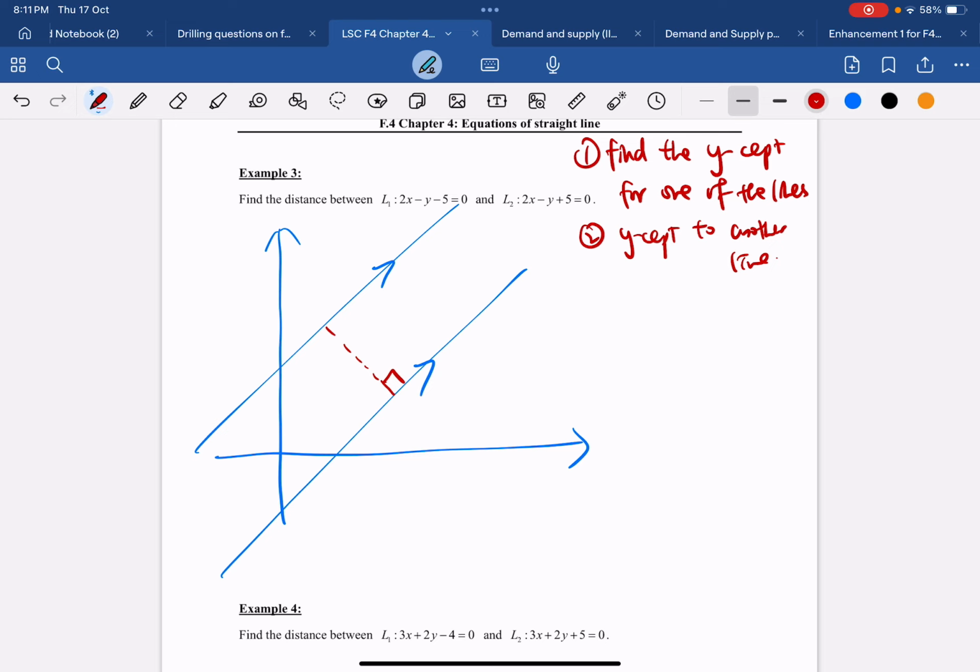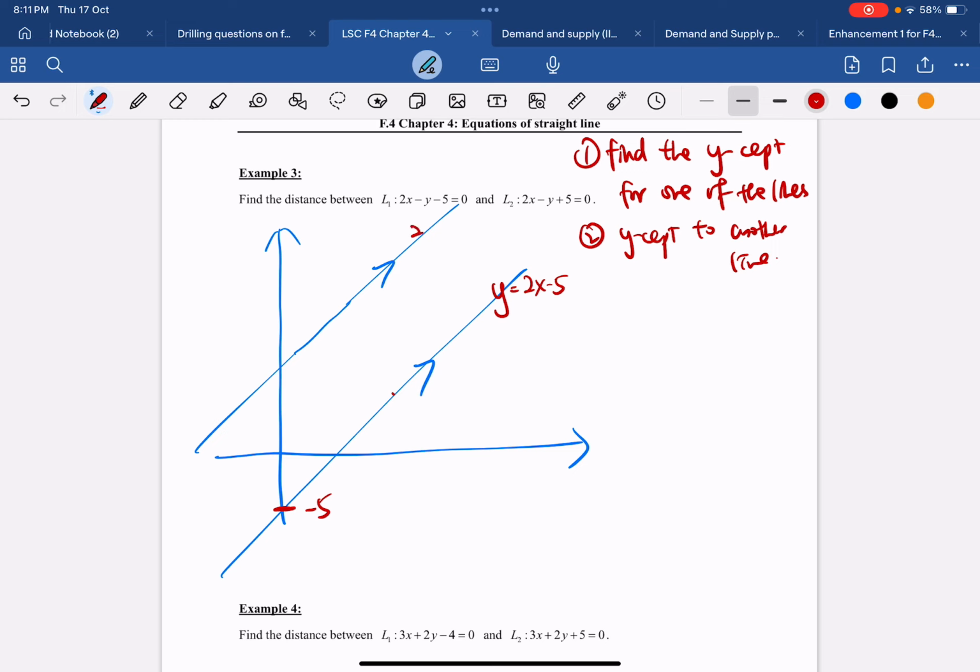Okay, what does that mean? Let me take example 3 as an example. 2x minus y minus 5 equals 0, which means this line, y equals 2x minus 5. So the y-intercept is here, -5. And then this one, 2x minus y plus 5 equals 0.